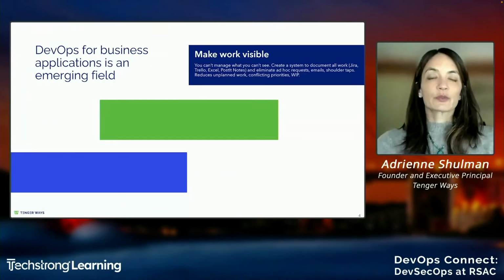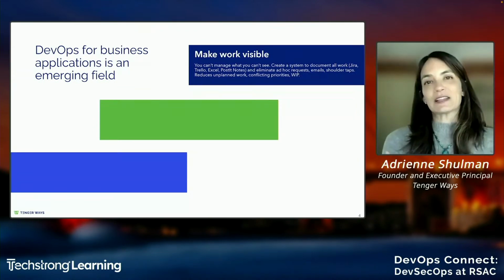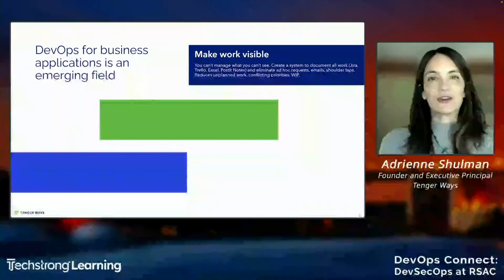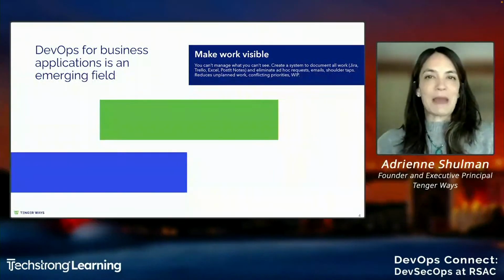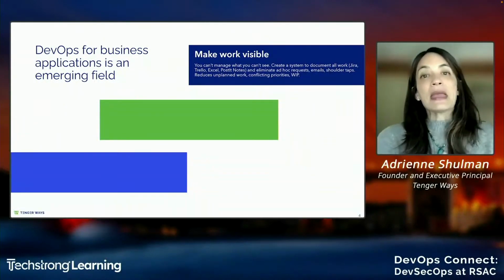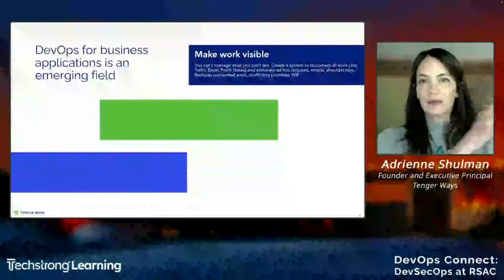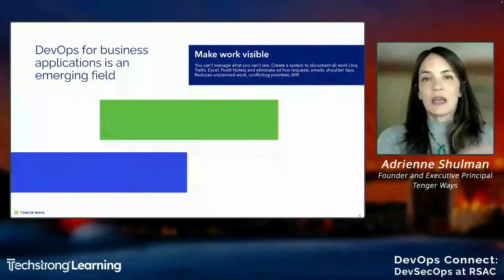When I've worked with teams, the first thing I do is look at how they're managing their work. Very often, the business applications teams do not have any sort of one system of work to manage everything coming in. They may have a Jira type system for managing the large strategic projects, like implementing a brand new SaaS system or a new module on our CRM.